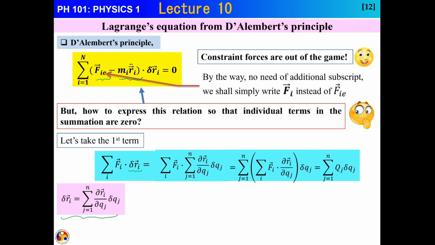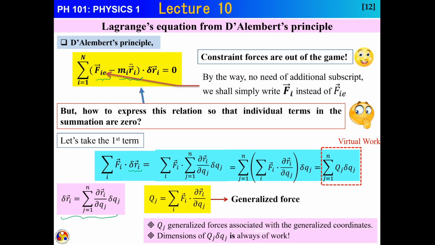Now if I look at it, this is also a kind of work, because if I take this as a virtual displacement, this must be a force, similar to what you see on this side. If that is true, then we can call this a virtual work. And if it's a virtual work for the generalized system, then the Qj has to be defined as a form called generalized force, not simply a force.